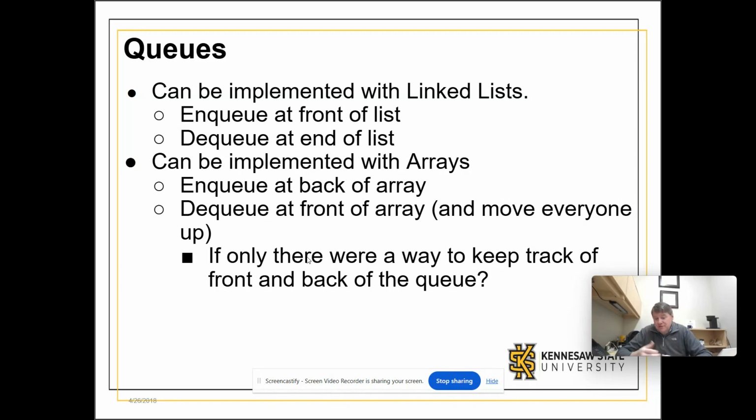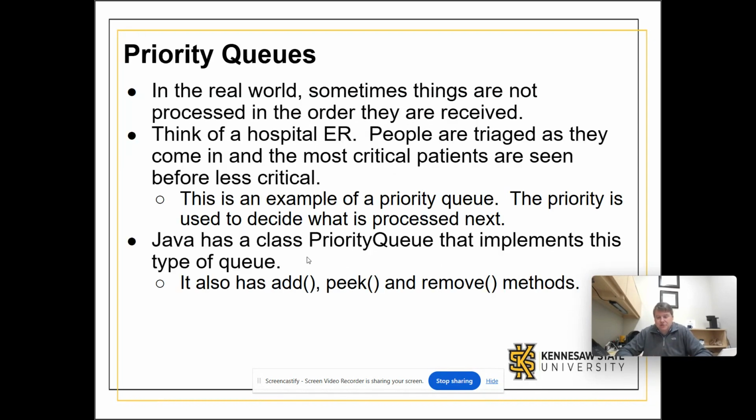If you put it at the front of the array, enqueuing is order n, but dequeuing is order 1. So you can choose which one to prioritize, whichever makes more sense based on what you're doing. Or better yet, you just do it with a linked list, and then you don't have to worry about it because it's order 1 either way. So an array or an array list is really not the best thing to implement a queue with because you have to move everything around.